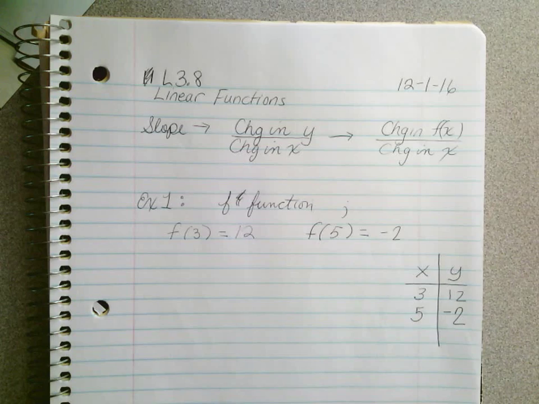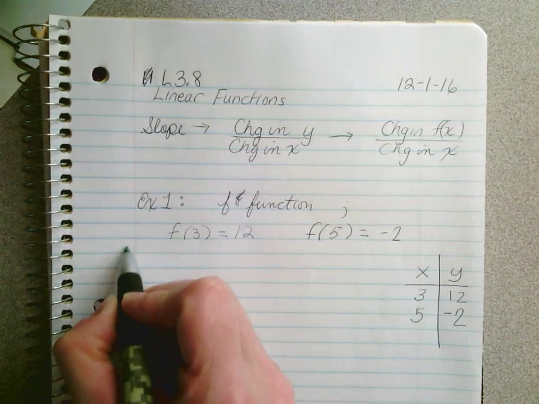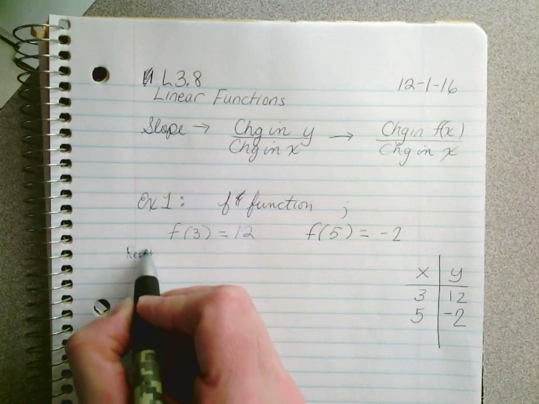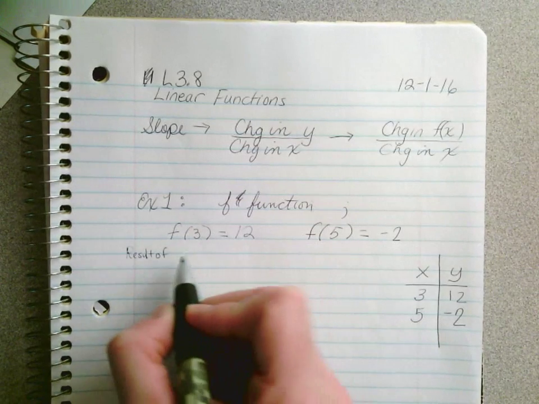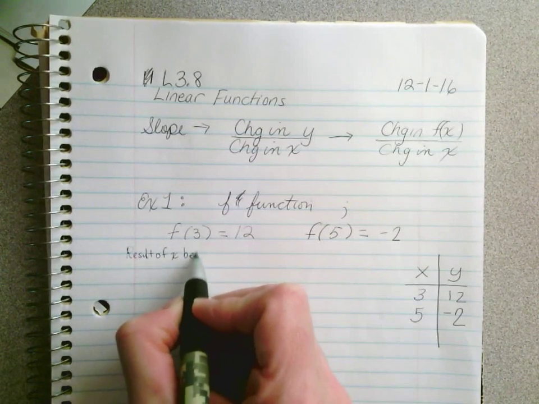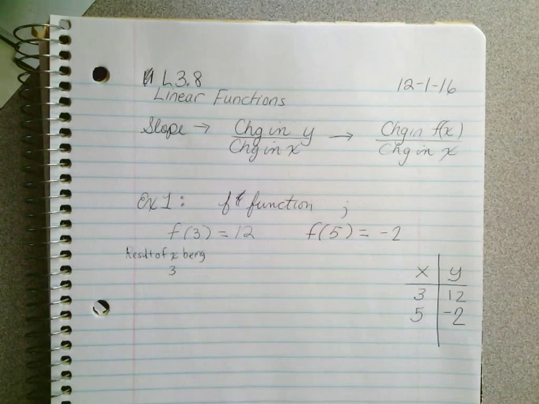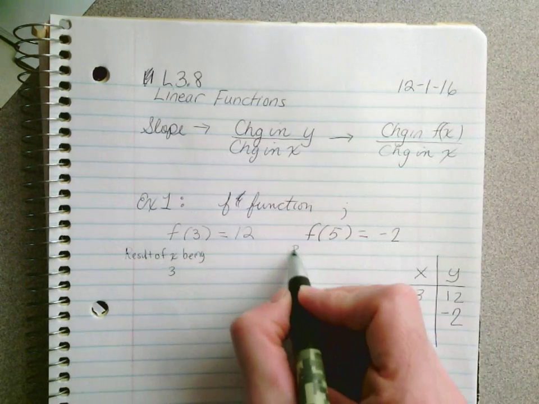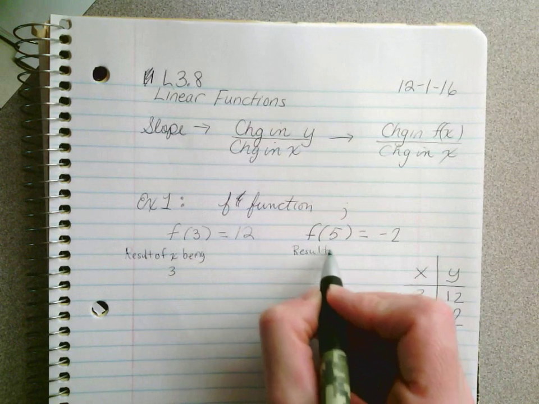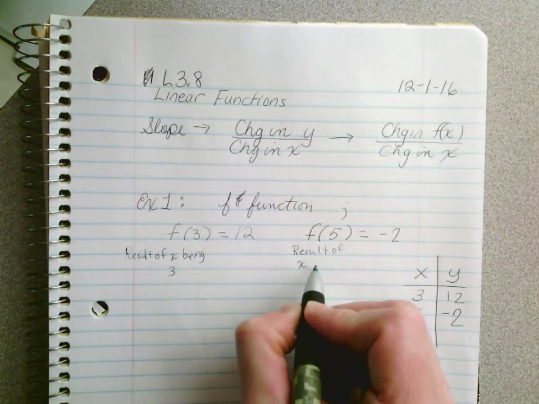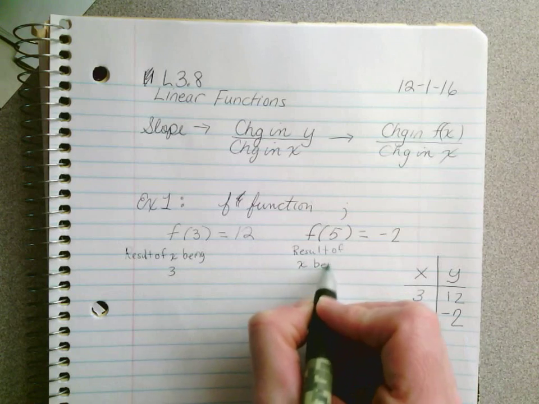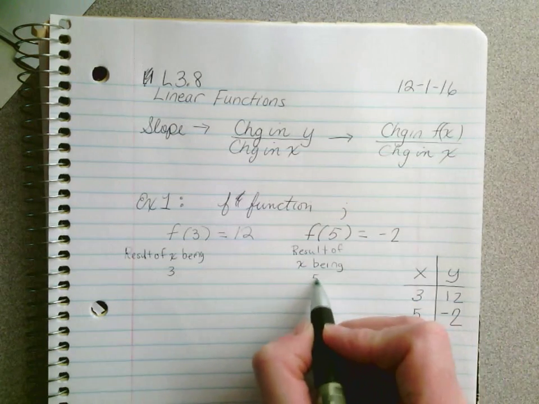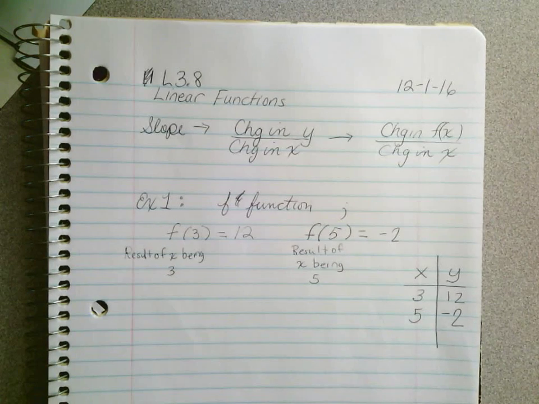So this is like saying the result of x being 3 is 12. This is like saying the result of x being put in as 5 is -2.